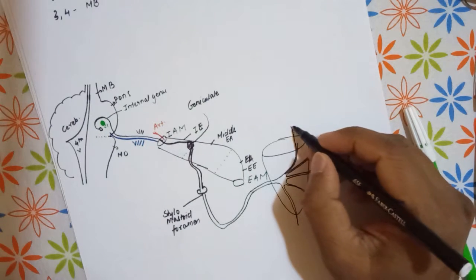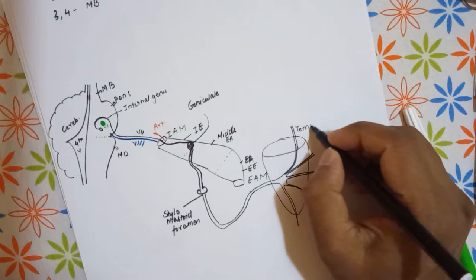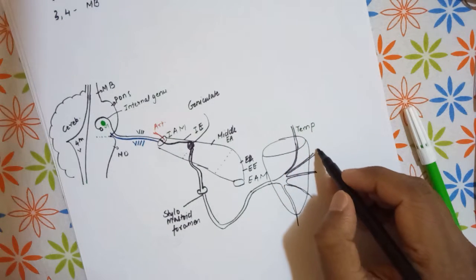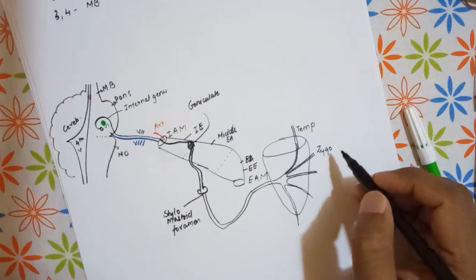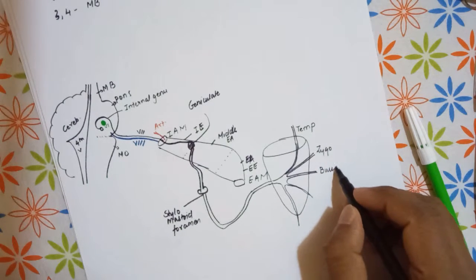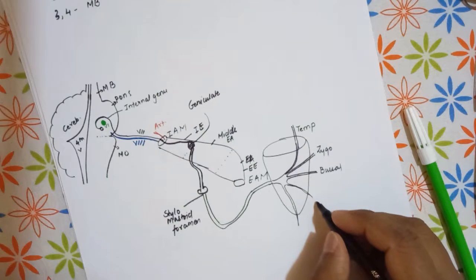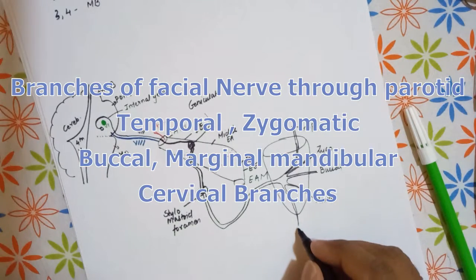This branch which goes to the temporal bone is called the temporal branch. This which goes to the zygomatic bone is called the zygomatic branch. This which goes to the cheek area, we call buccal. This which goes to the mandible is called the mandibular branch, and this which goes to the neck is called the cervical branch.